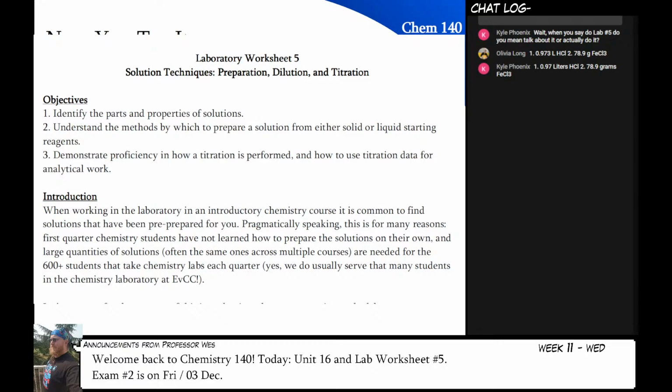All right, so lab worksheet number 5 is basically everything that we did as a calculation today in a laboratory sort of situation. That was very British of me. So in the lab, what you are generally going to do is find solutions that are prepared for you.